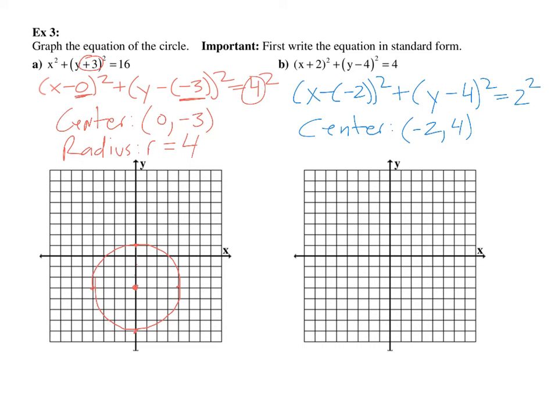Once again, you can just take the opposite of these values, and you'll have your center. Just showing you different ways of looking at it. And our radius is 2. So the center is −2, up 4. I'm going to go up 2 then, right 2, down 2, left 2. And I'm going to make a circle. There we go. Done.